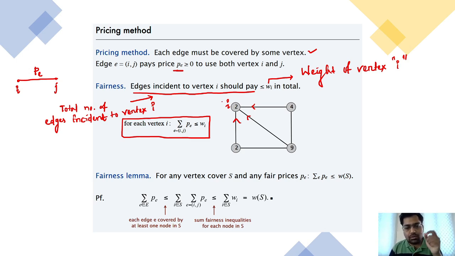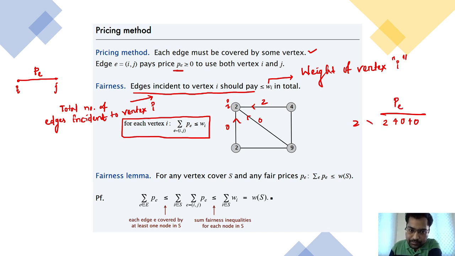The main factor for the fairness condition is, suppose you initially have 0, 0, 2, then for this it is 2 plus 0 plus 0, which is the pricing of the connected edges.